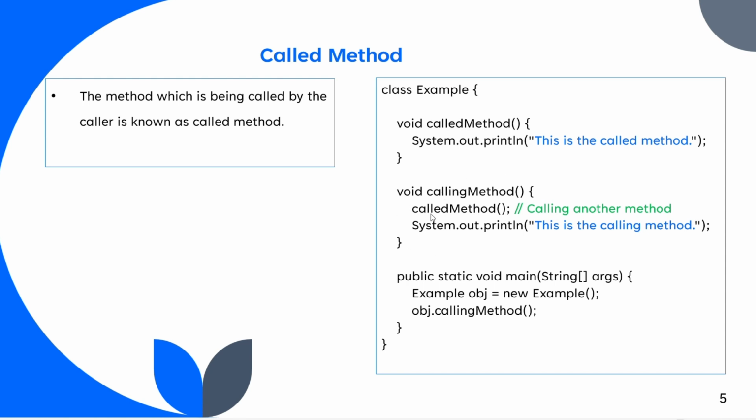Inside of it we have a called method, which is called by the calling method. The definition is: the method which is being called by the caller is known as a called method. This method is being called by the calling method, that is why it is called a called method.